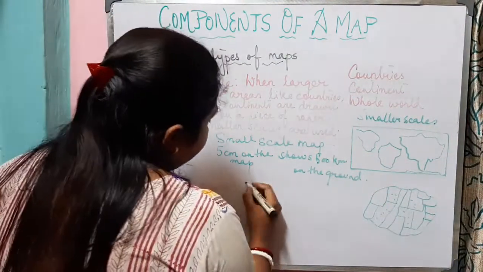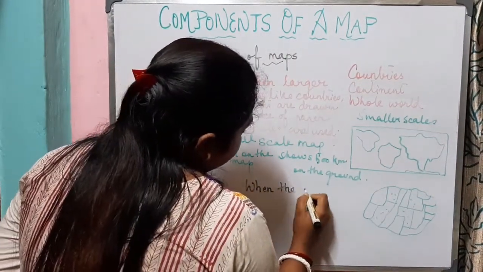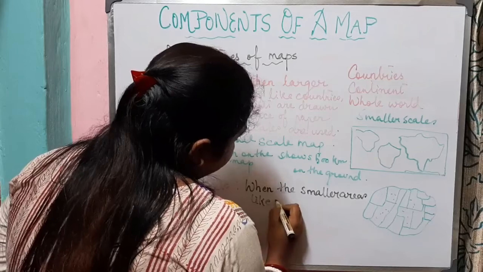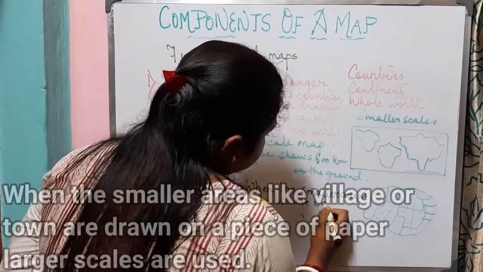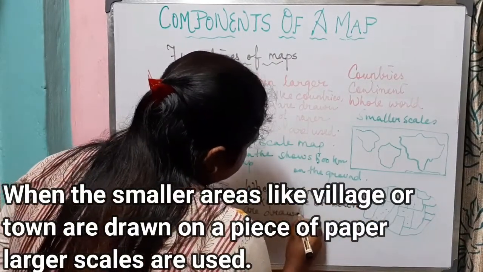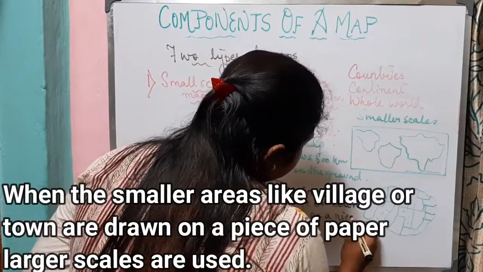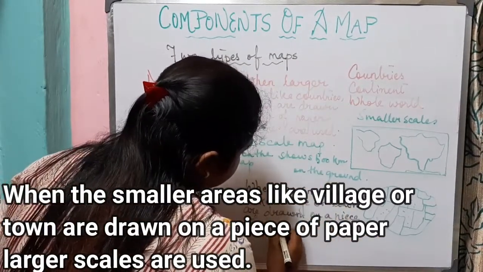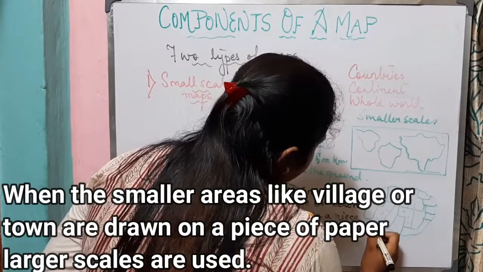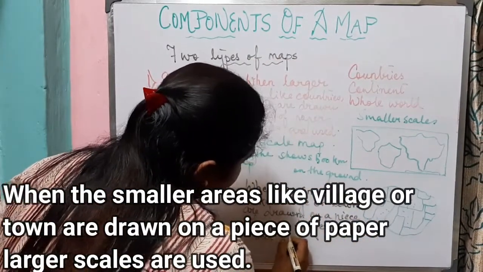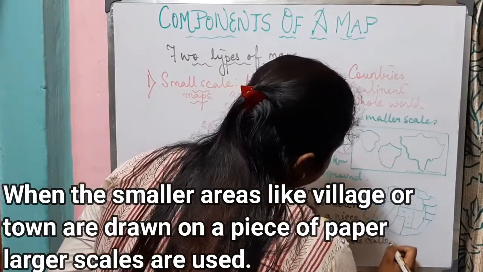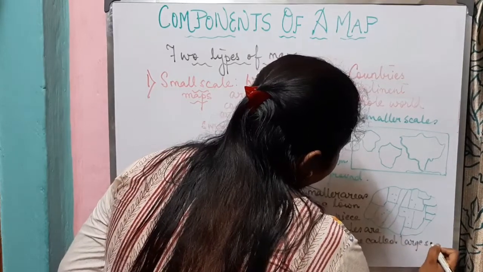So what is a large scale map? When smaller areas like a village or town are drawn on a piece of paper, larger scales are used, and these maps are called large scale maps.